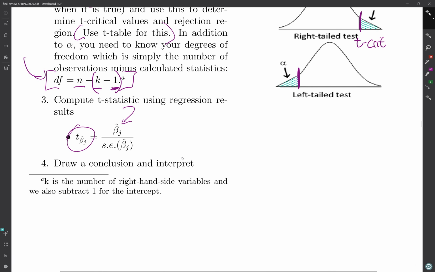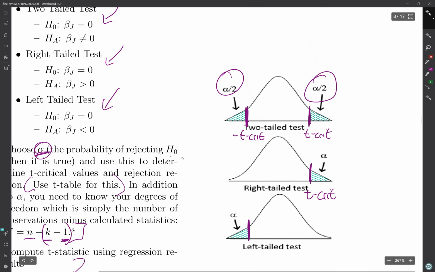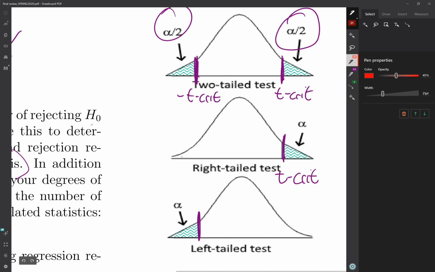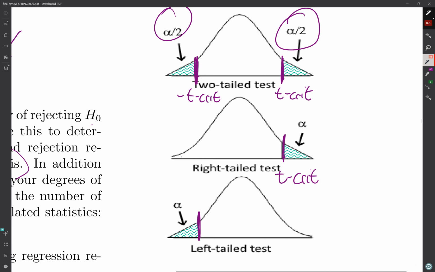So once we have made this calculation, we can go over to our drawing that we made, and we can plop down whatever this value is. So let's say it's right here. This is our t-statistic. We'll just call it t-stat for short.